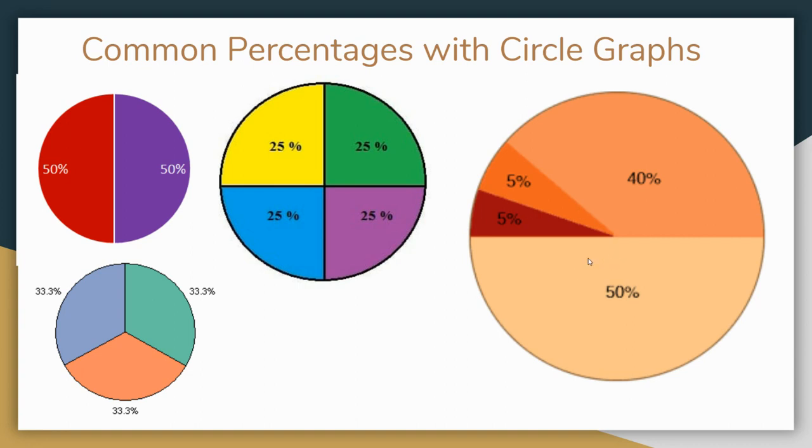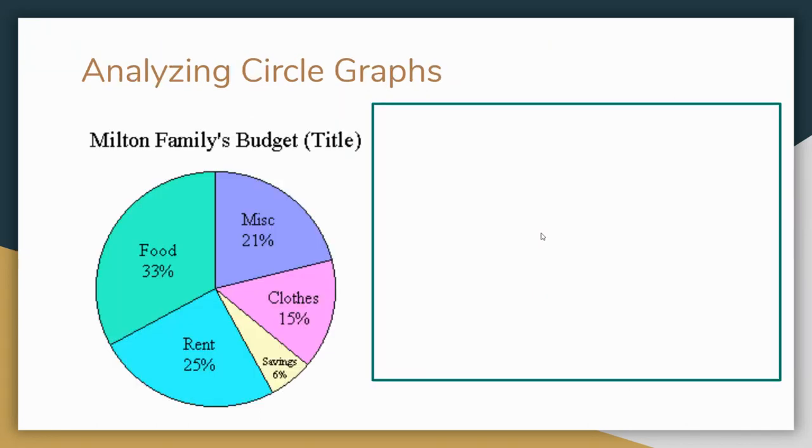So if you think about it, remember a circle graph in total adds up to 100%. Right now, we have 50 and 40% totaling to 90%. So we only had 10% left in that circle to fill. So it would make sense that these 2 pieces that are equal represent 5% each.